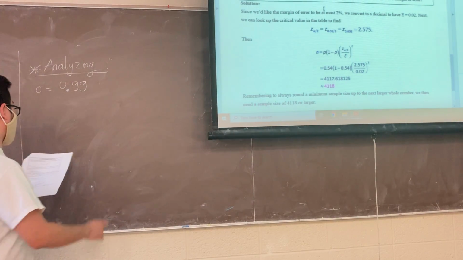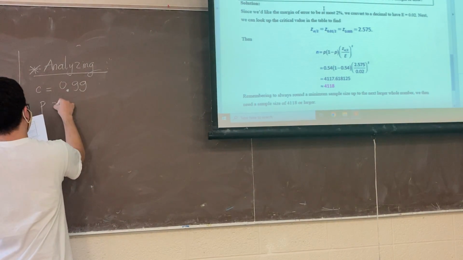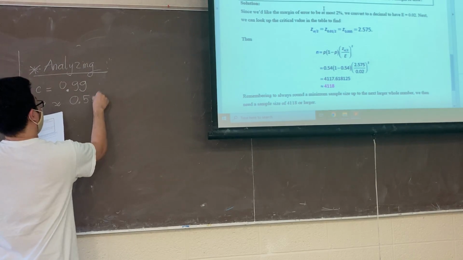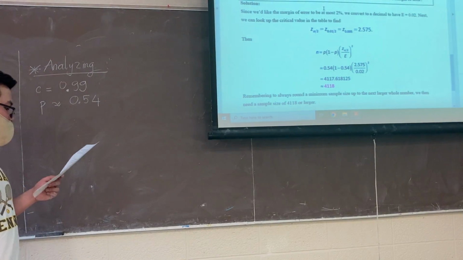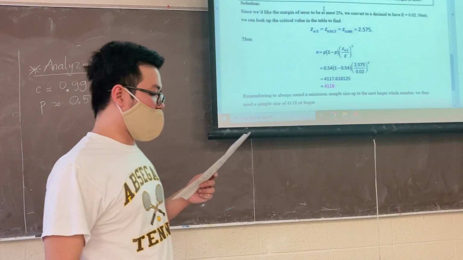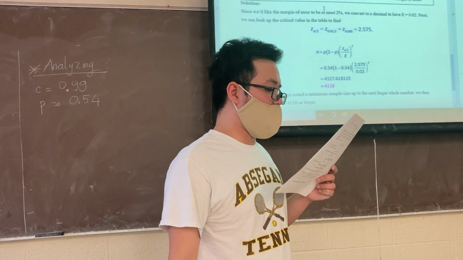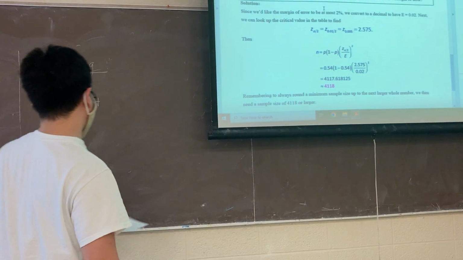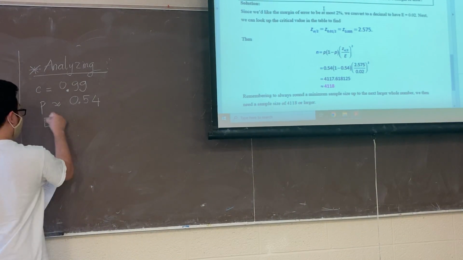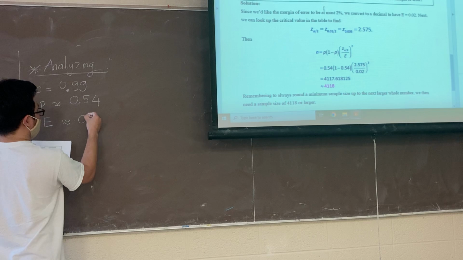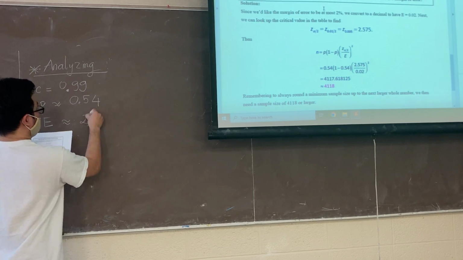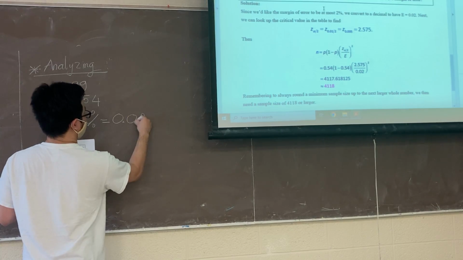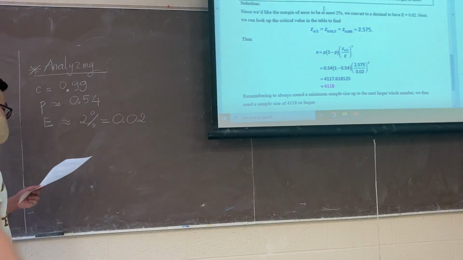And they give you p hat here, approximately 0.54. And we design for no more than 2% margin of error. That means E is approximately 2%, which is equal to 0.02.